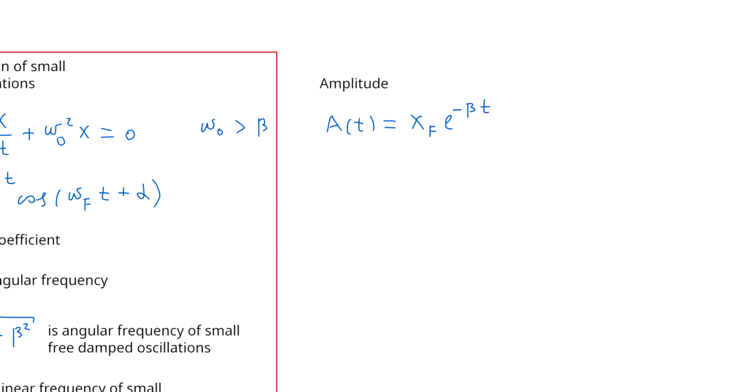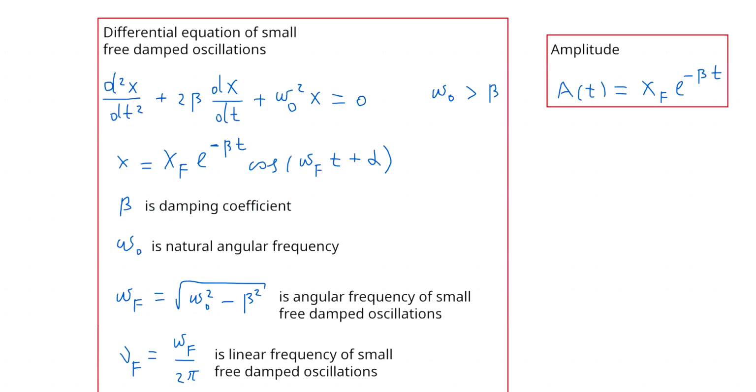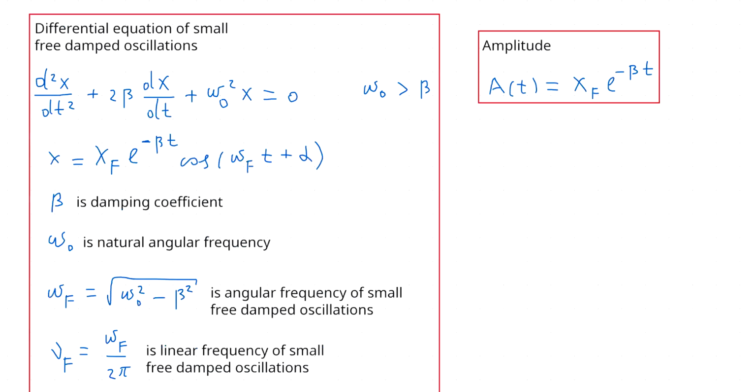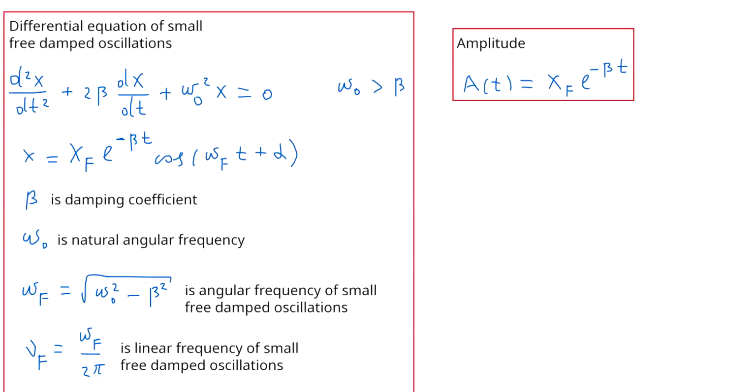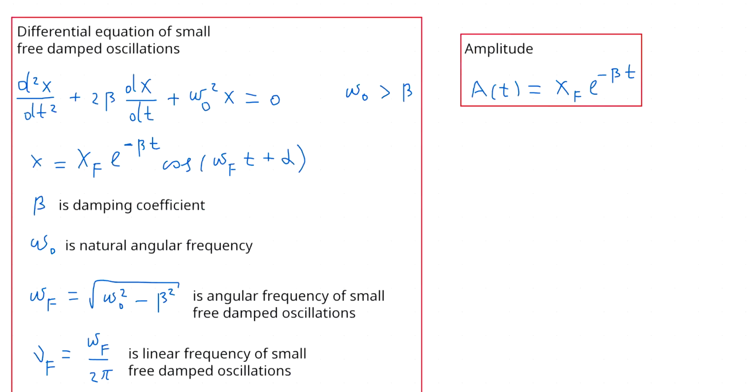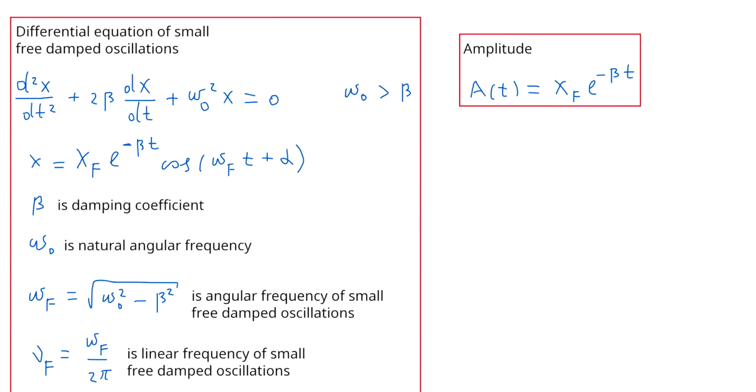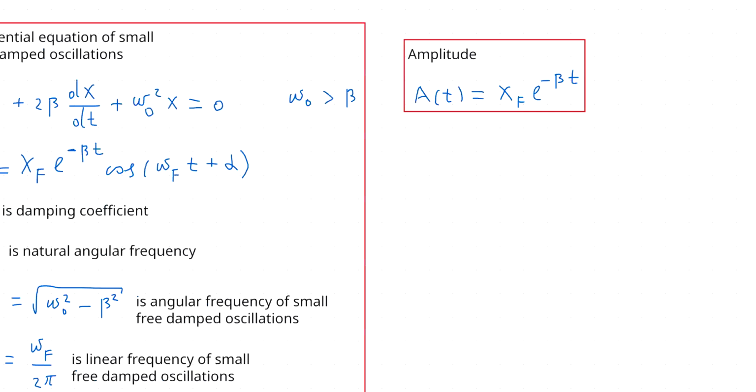This is amplitude. And to describe dissipation of energy, such a value as logarithmic decrement is often used.